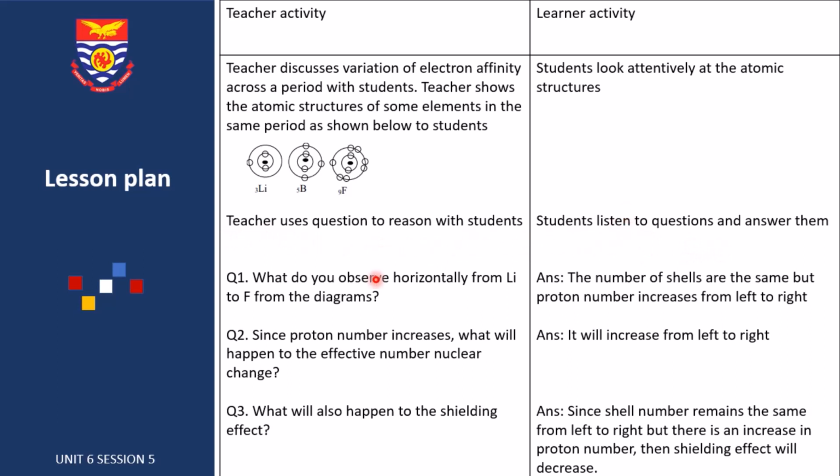Assume you have put a rule here. Alright. What are the questions? What do you observe horizontally from lithium to fluorine from the diagrams that you show to them? Students are to provide this answer. The number of shells are the same, but proton number increases from left to right. Yeah, you are only expecting students to provide this.